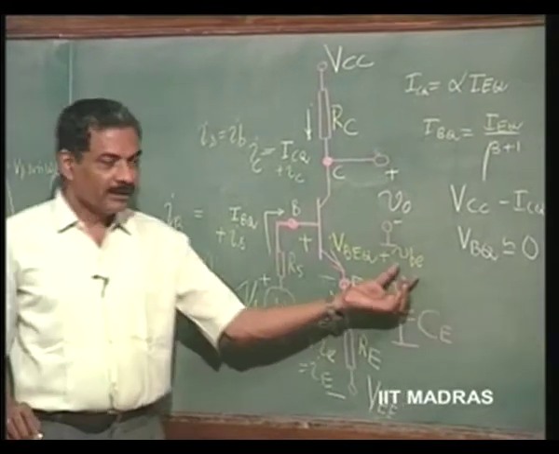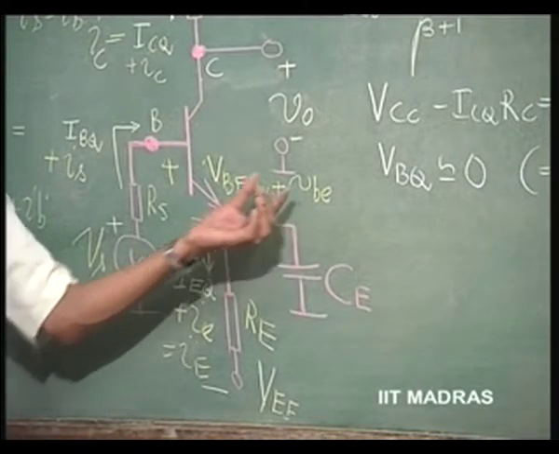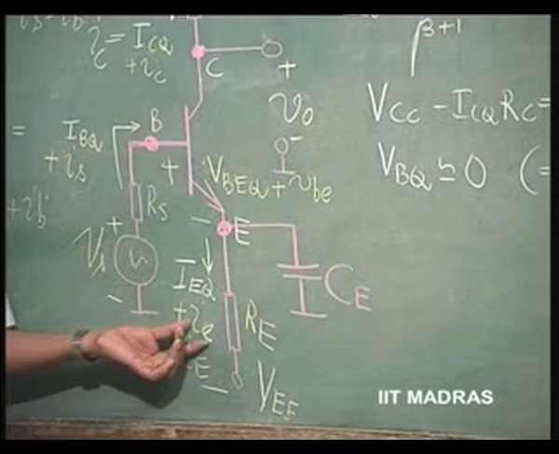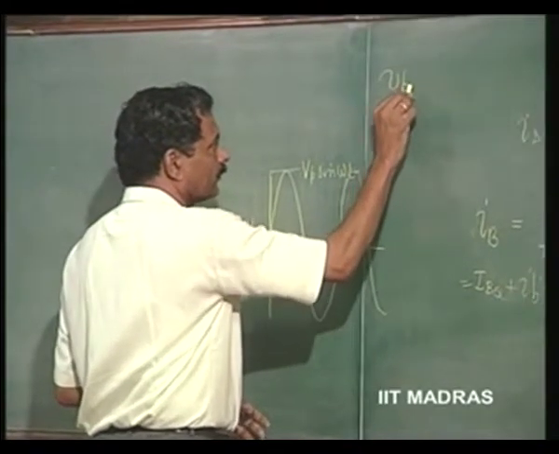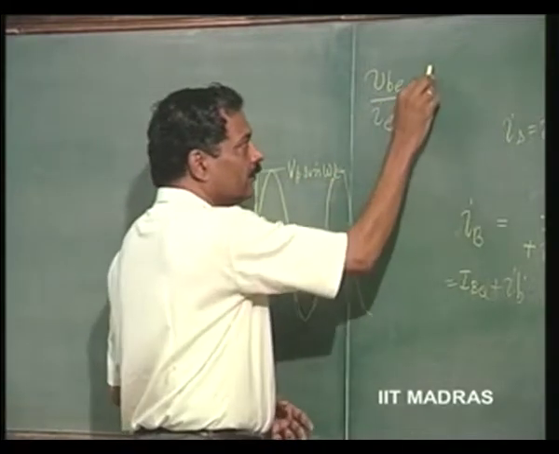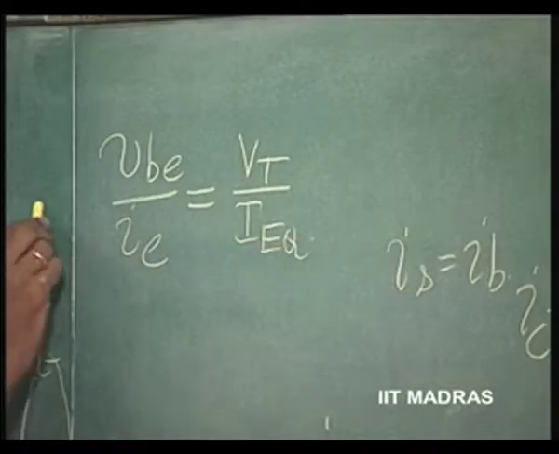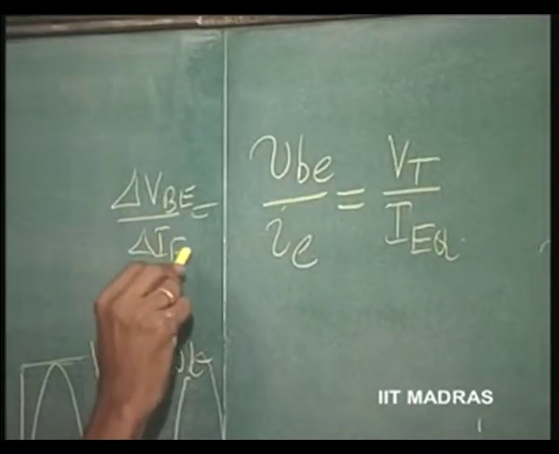If this change which is occurring over and above the quiescent, which is 0.6, is kept very small, then I can say that these two, that is IE and VBE, are linearly related, and that linear relationship we have already established. What is it? VBE by IE is equal to VT divided by IEQ, which is nothing but delta VBE by delta IE, which we have earlier established.